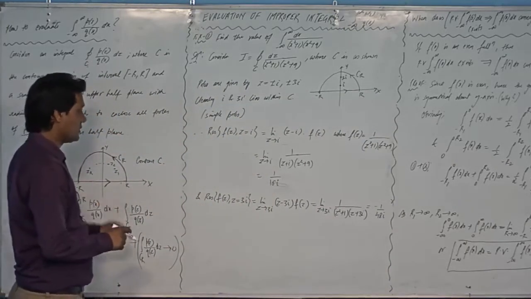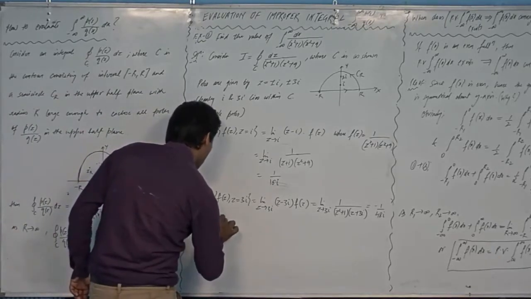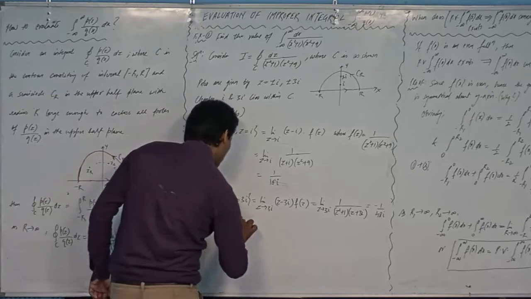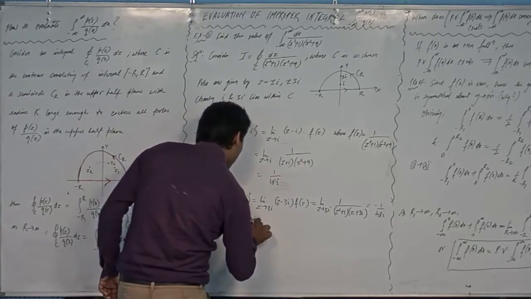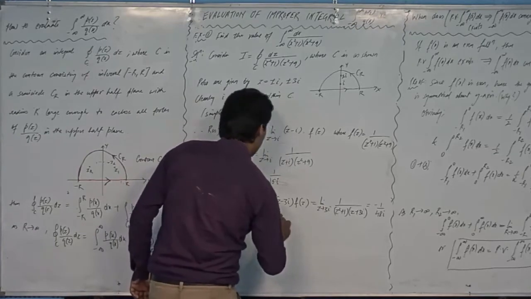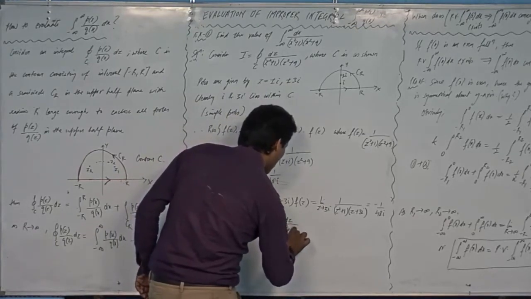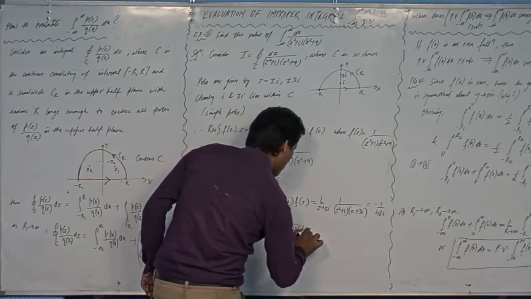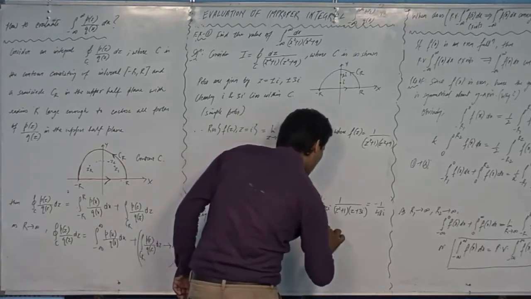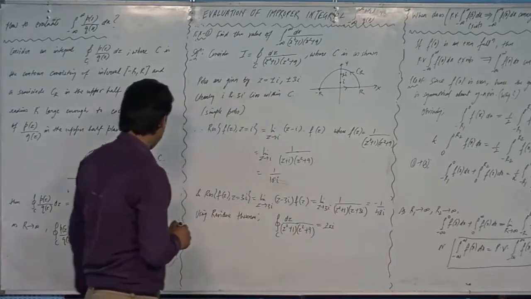Okay, then I will use the residue theorem. Using the residue theorem, the contour integration of dz over z square plus 1 and z square plus 9 should be equal to 2 pi iota times the sum of residues, right?